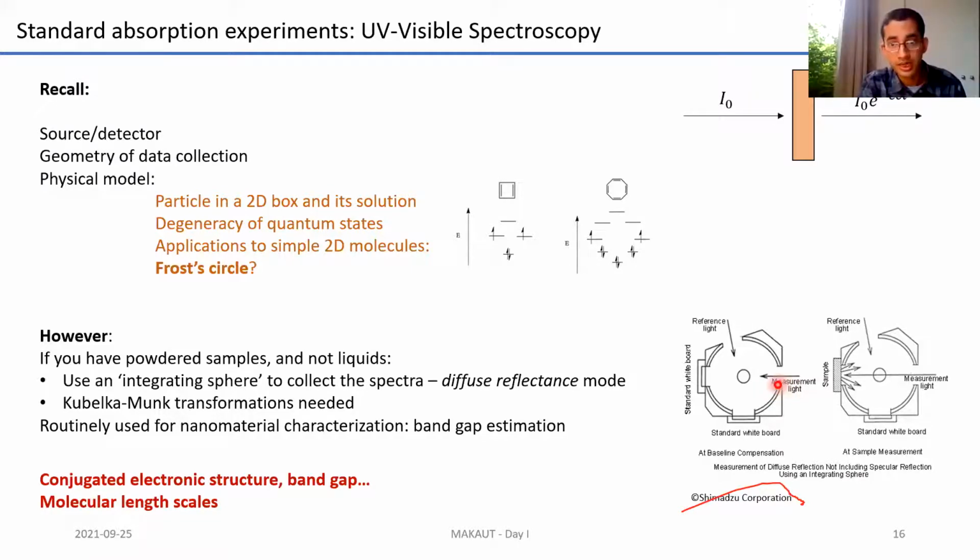The light goes in and there is a standard reflector, and then there is your sample. The sample tends to reflect the light, and this kind of reflection is known as diffuse reflection. It's one of the quirks of reflection physics, but diffuse reflection is slightly different from specular reflection. You collect this diffusely reflected light, and then you do a transformation which is known as the Kubelka-Munk transformation.